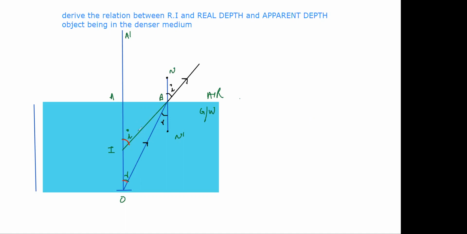So I got triangle AIB and triangle AOB and angle I. Sorry, I have the opposite angles here. I should correct them. This is R. And this is I. So this is also R.